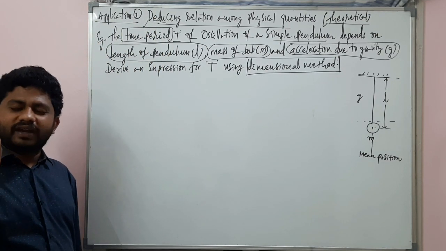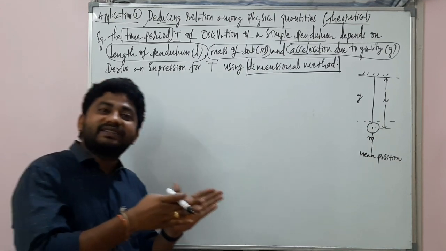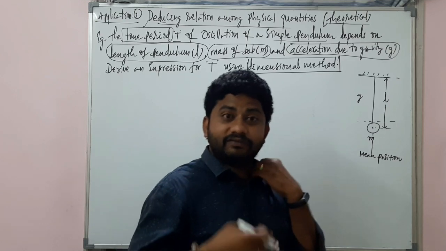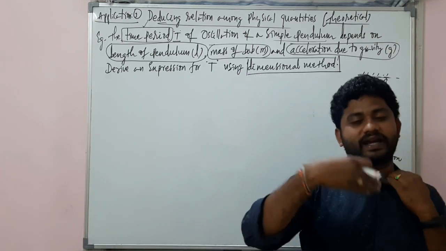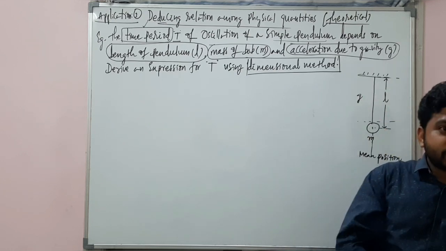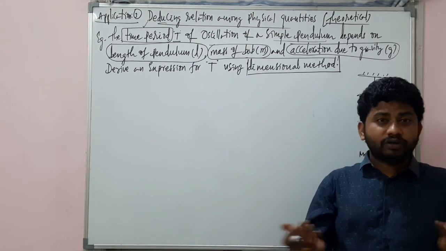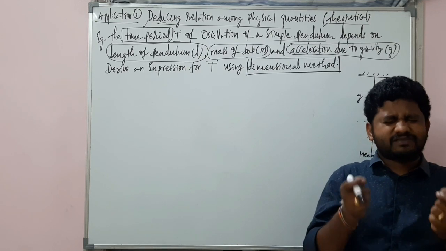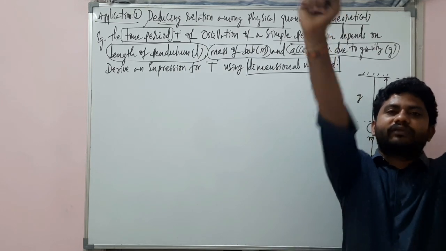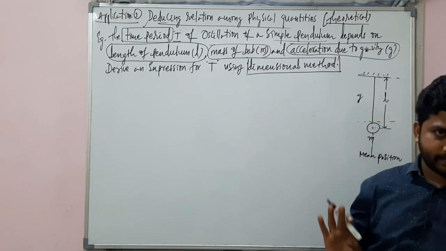Remember, they have not mentioned how the time period depends on them: inversely proportional, directly proportional, square, or cube. They have just mentioned that the time period depends on these three quantities.